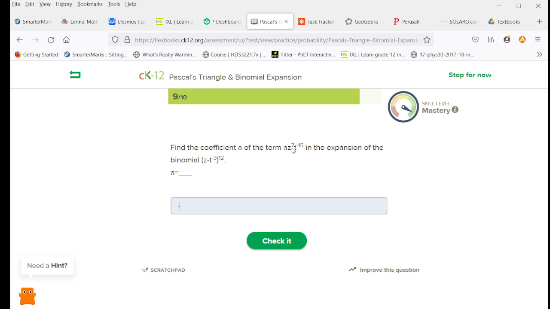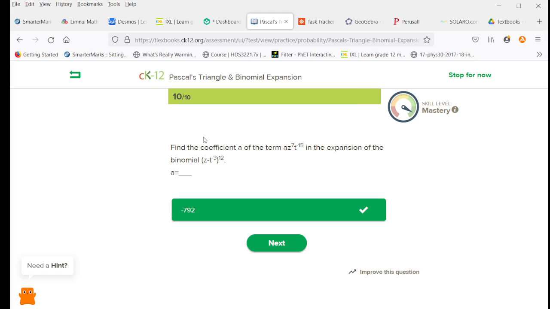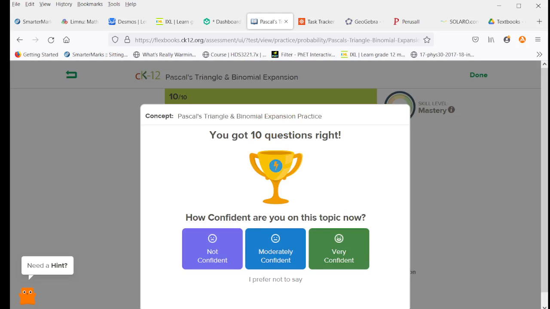So this, in this case, k is 5. So we want 12c5 to get us to our value. So it's a negative 792. Okay, and that's a solution for the CK12 activity.